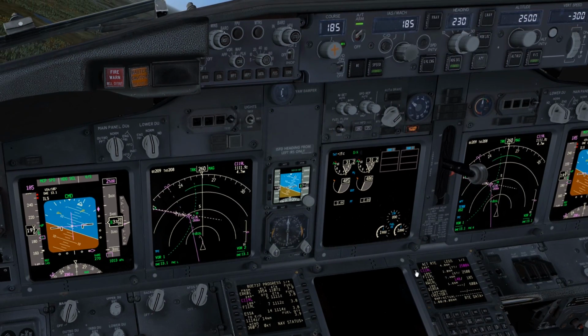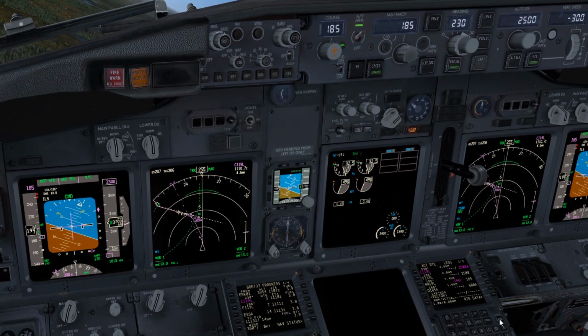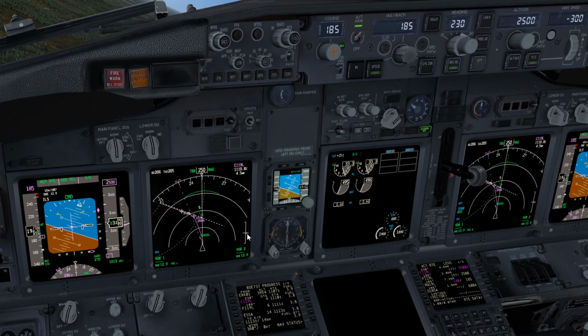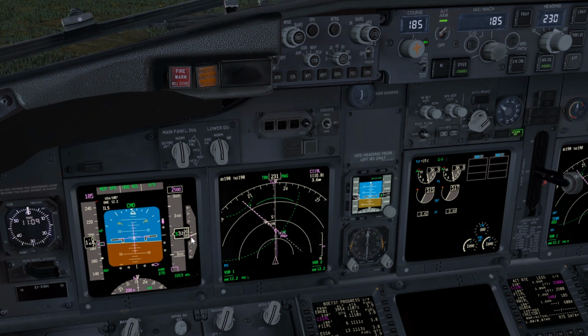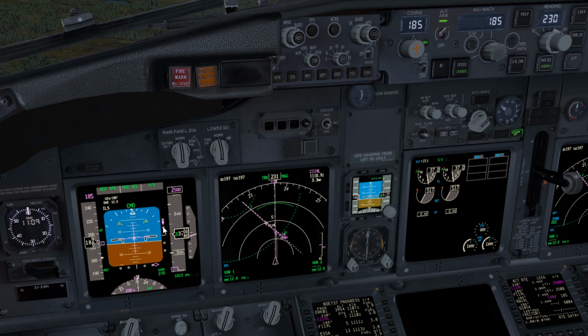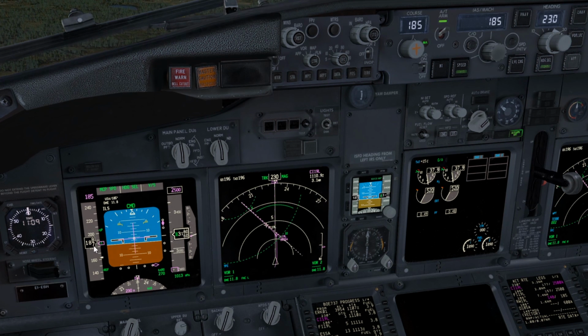We can update again to check the path. As you can see now, we don't want to level off. We are keeping a rate of descent of at least -300 feet per minute, and we are catching up on the glide slope. The speed is already under control.